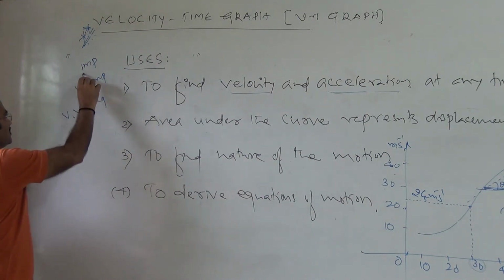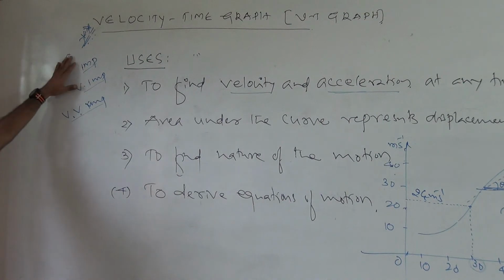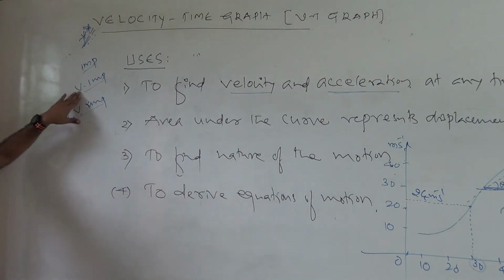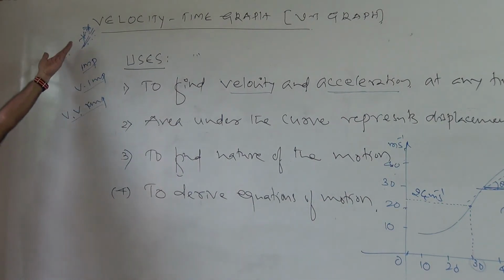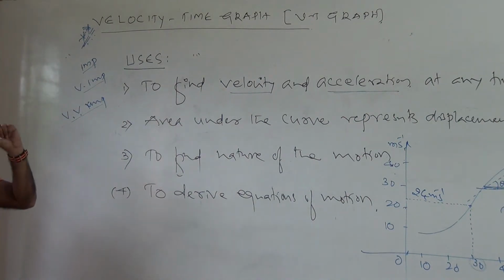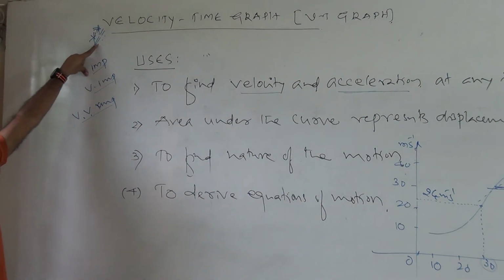If you use one code word, it gives so much information: it indicates the marks, the examination point of view, very important, 2 marks, and compulsory questions.